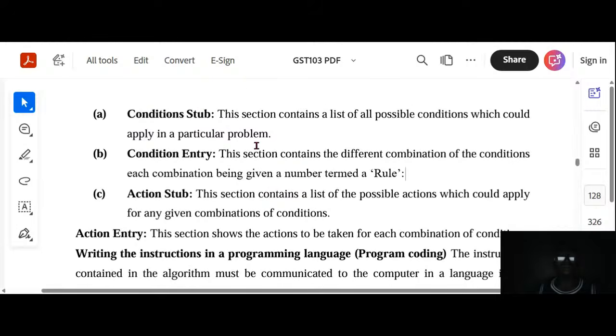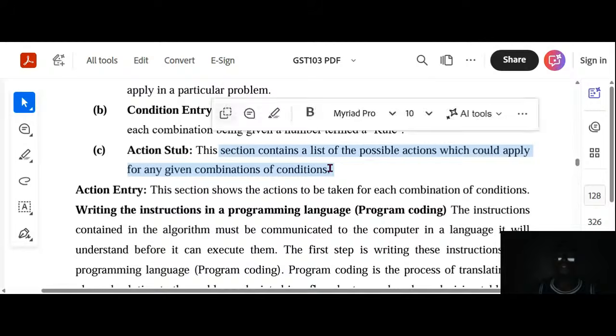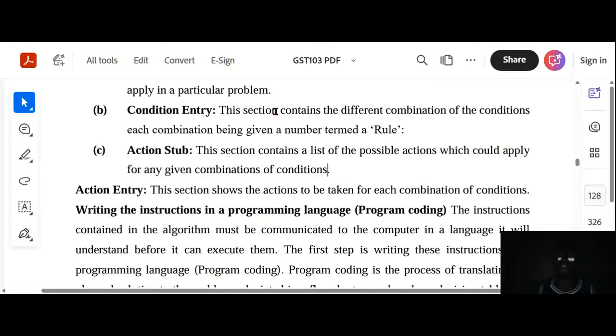Don't forget, you start with condition stub, condition entry, and then the action. Action stub is also there. This section contains a list of the possible actions which could apply for any given combination of conditions, which means when I combine this condition and this condition, this is the result it will give me.